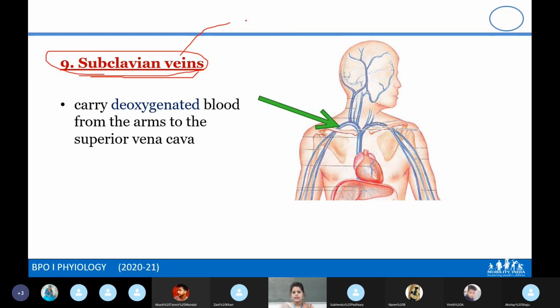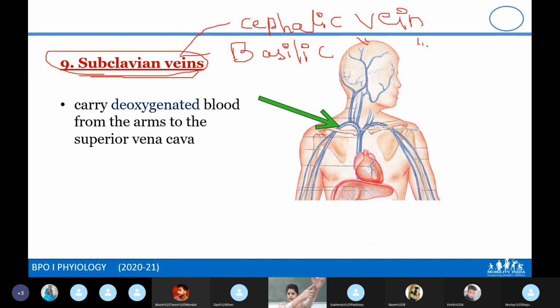There are two more veins, the cephalic vein and the basilic vein. These are the veins from your wrist till the elbow, not only elbow, till the arm level.